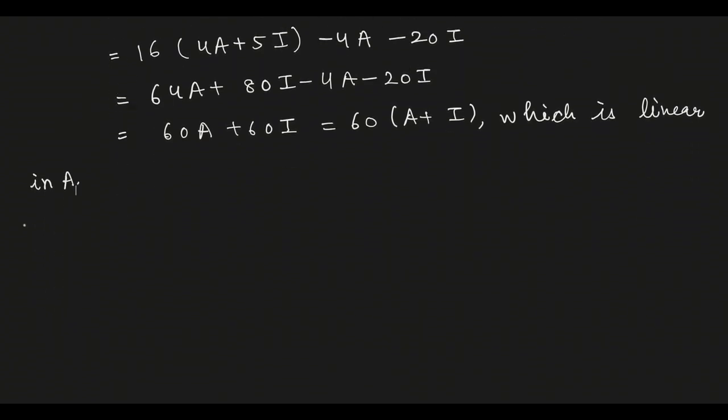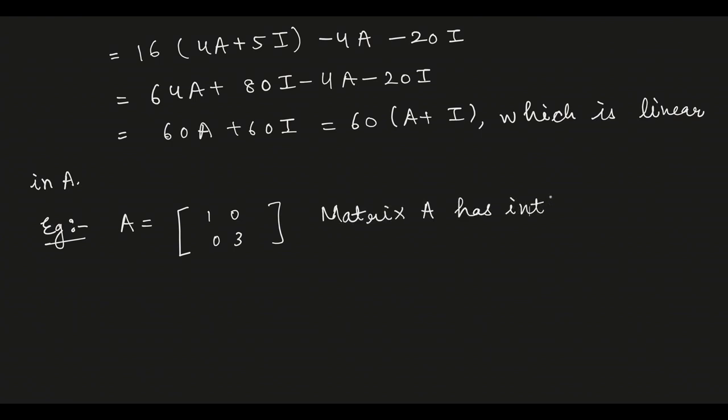Next example. I have a matrix like this, [1 0; 0 3]. Clearly matrix A has integer entries.